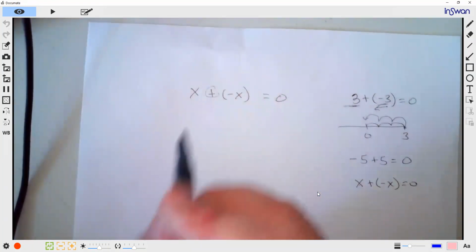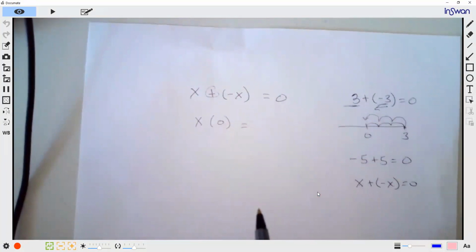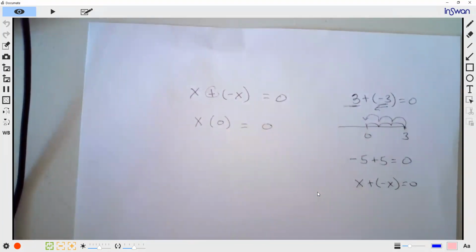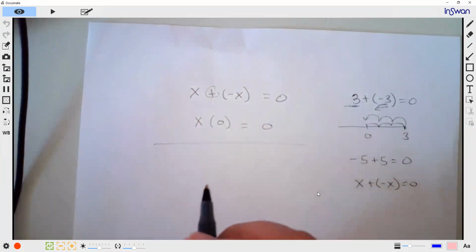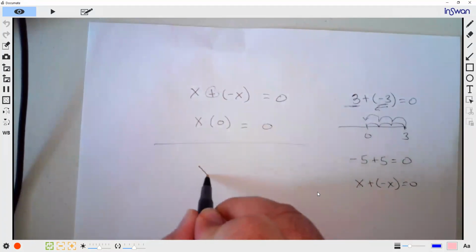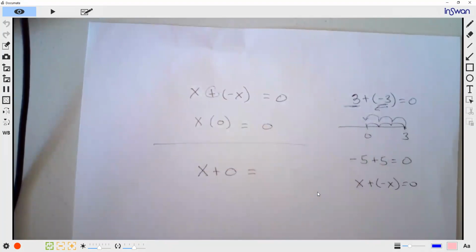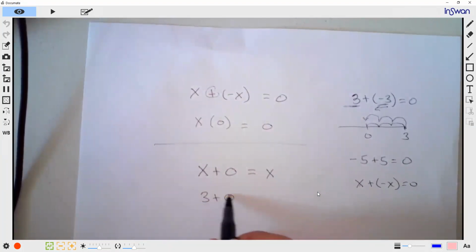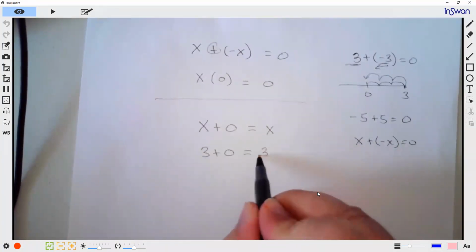That's with addition. With multiplication, anything times 0 is 0. Another one. x plus 0 is x, because it's not a negative. 3 plus 0 is 3.